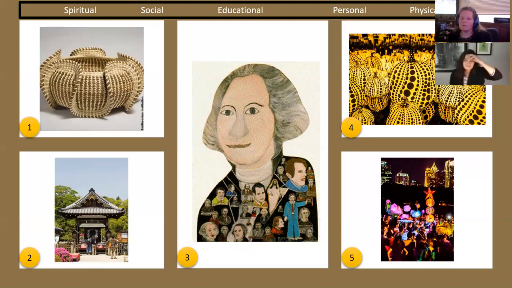You could put your answers in the chat. You could just focus on one if you want to, but just tell us which one it is and where it goes. Is this personal artwork? Is this artwork that was created to be educational? Is this physical or functional artwork?